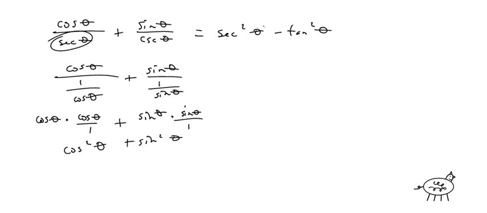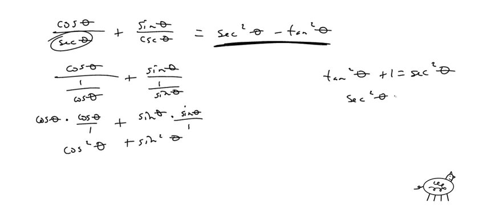Now this is the deal, math fans. If you had written this down, tangent squared of theta plus 1 equals secant squared of theta, you can realize that's actually an identity. If I subtract tangent squared of theta, don't I get secant squared of theta minus tangent squared of theta equals 1?